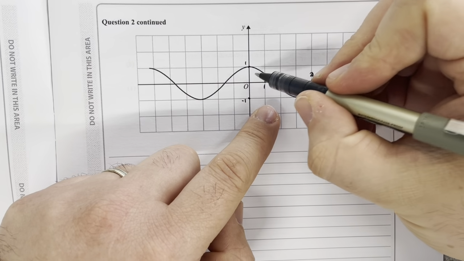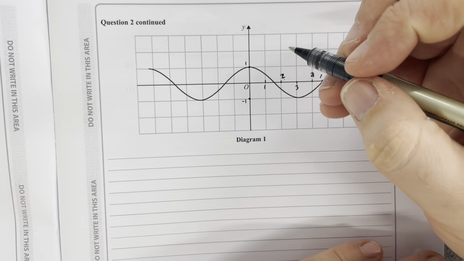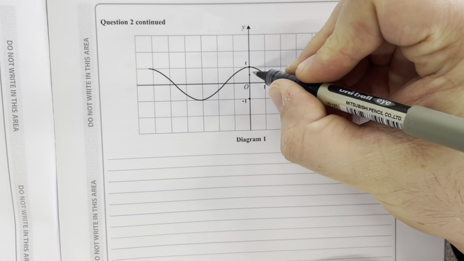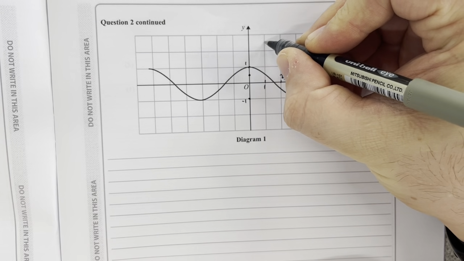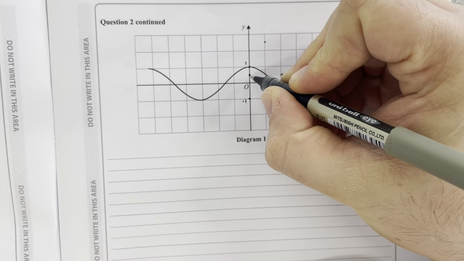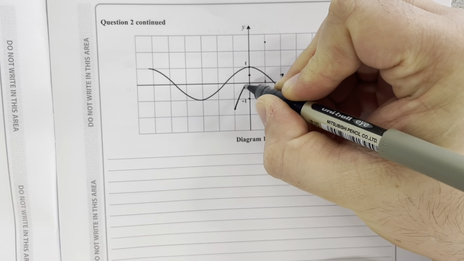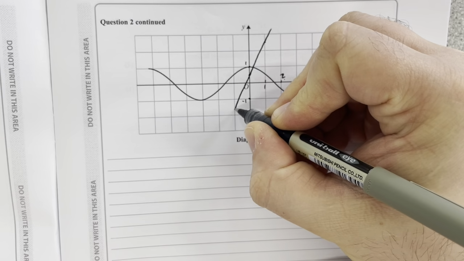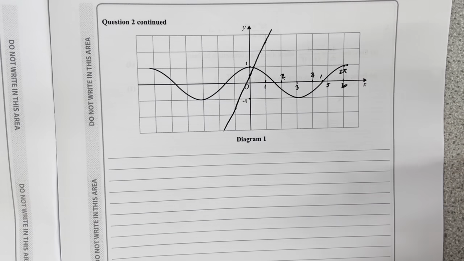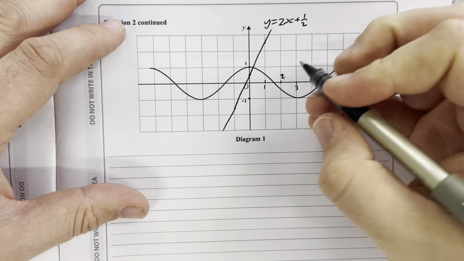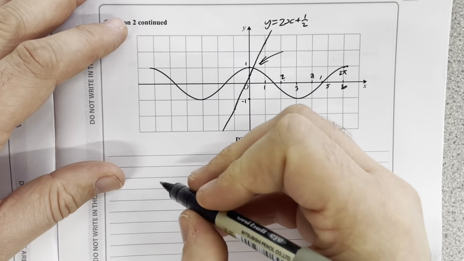So that's fine. So we want 2x plus a half. So we want a gradient of 2 going through a half. So it's going to go through that point, that point, that point. Then you can use a ruler, or you can sketch it on. That's fine, that'll do. So we have y equals 2x plus a half, and it only intersects at one point.